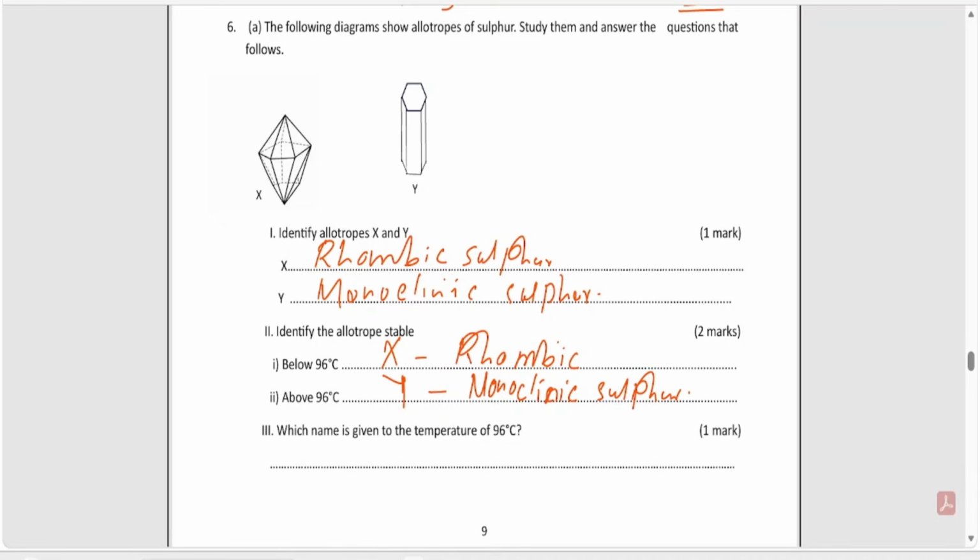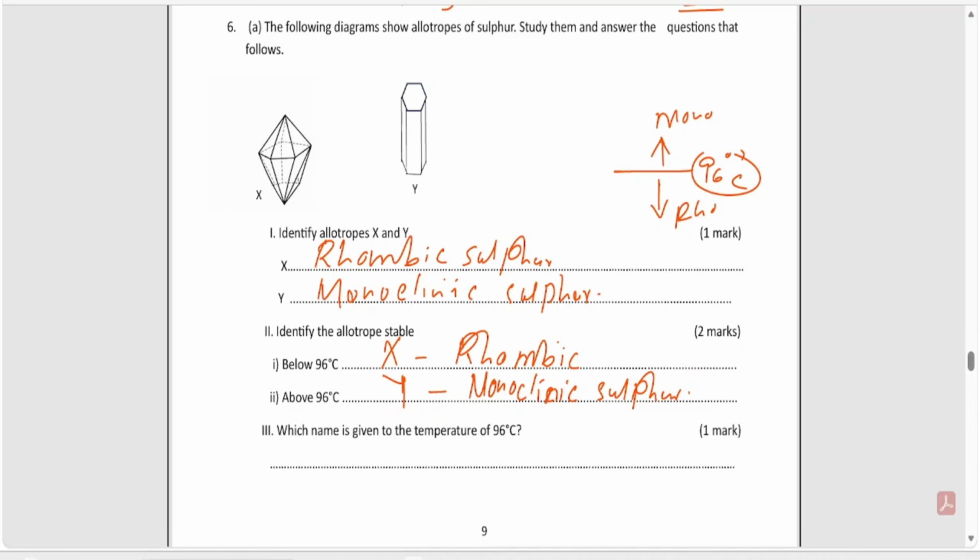Which name is given to the temperature of 96? This 96. So that we have rhombic, we have this 96 degrees Celsius. Rhombic being stable below 96, and monoclinic being stable above 96. What is this 96? This 96 degrees Celsius, this temperature we call it transition temperature. It is the temperature that we use to determine which allotrope, is it monoclinic or rhombic?